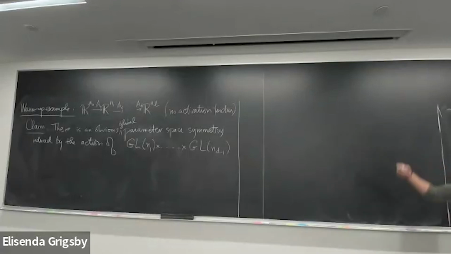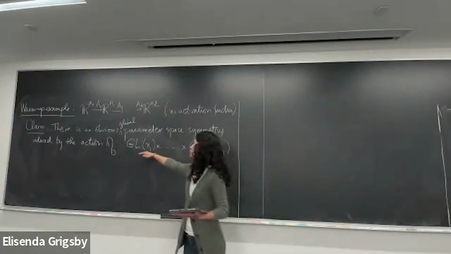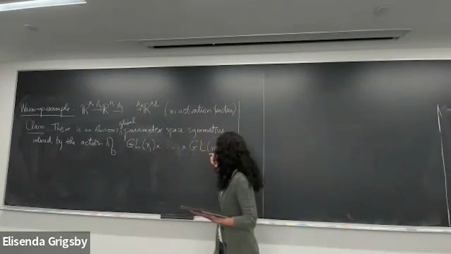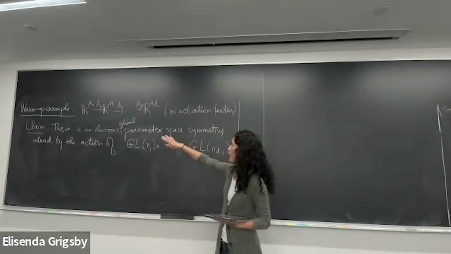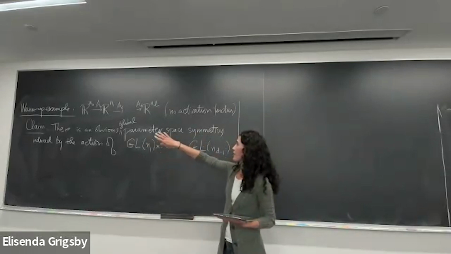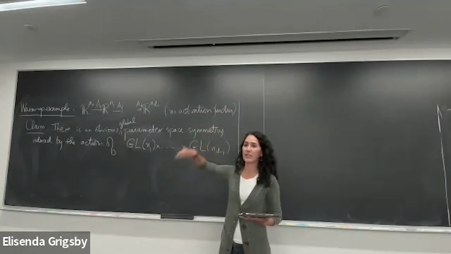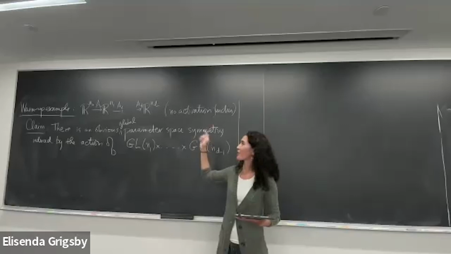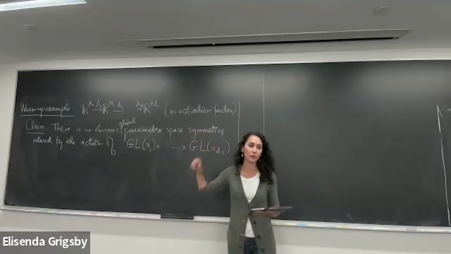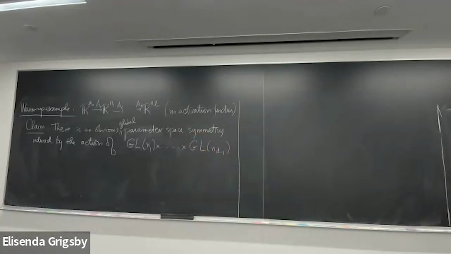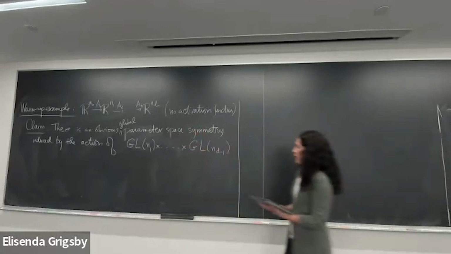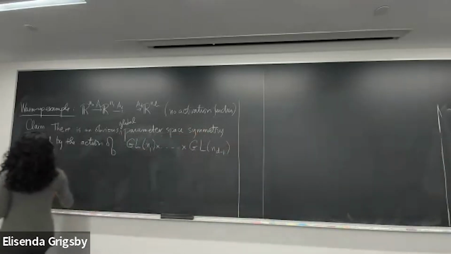The claim is that there's an action of the general linear group at each layer that leaves the overall function invariant. This should not be surprising because the composition of affine linear functions is just an affine linear function, so this is obviously a very redundant way of representing one.